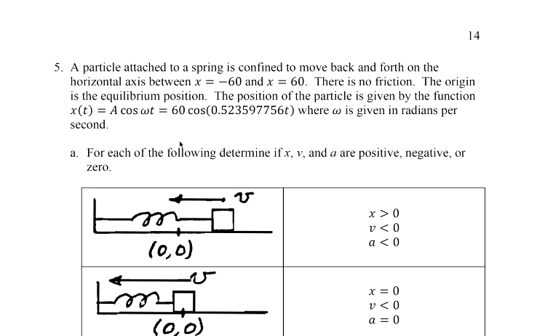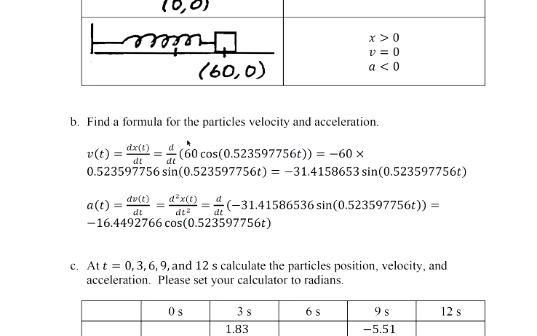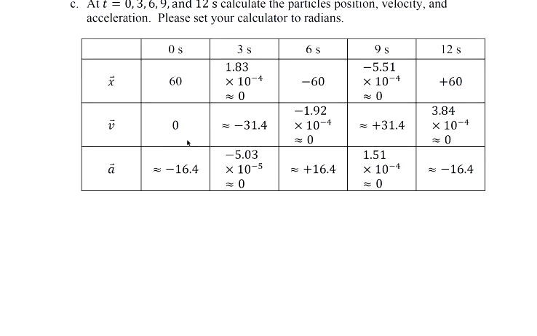Let's see how long it takes. It takes 12 seconds for the object to go from plus 60 to minus 60, and from minus 60 to plus 60. So it takes 12 seconds for one oscillation, which is 240 centimeters.